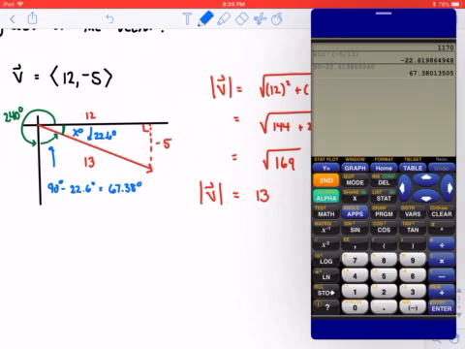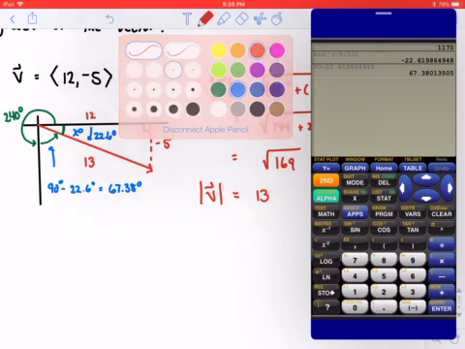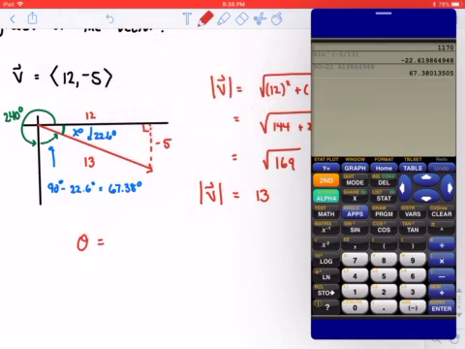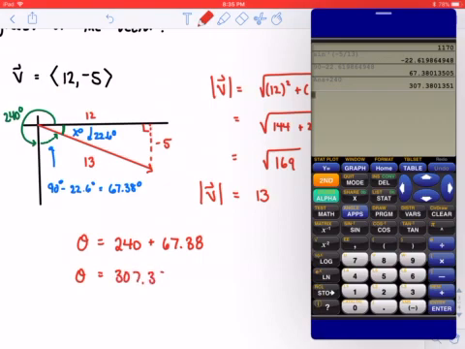So here's your direction. I'm ready to do it now. The direction is equal to 240 plus 67.38. I'm going to add that to 240, and I get a direction that's equal to 307.38 degrees. So I now have my direction and I have my magnitude.